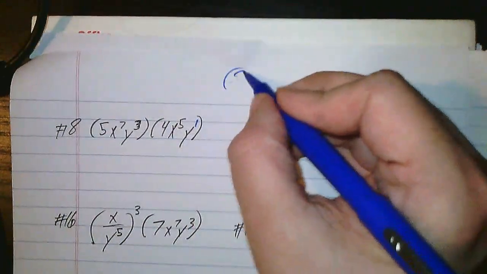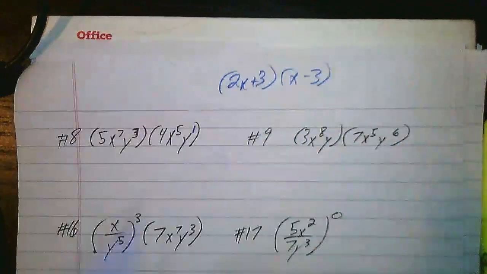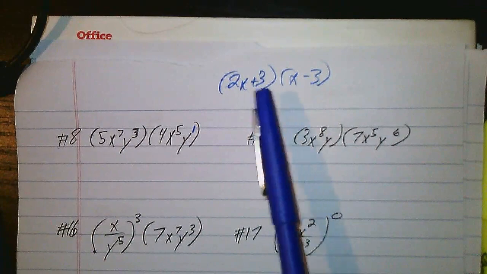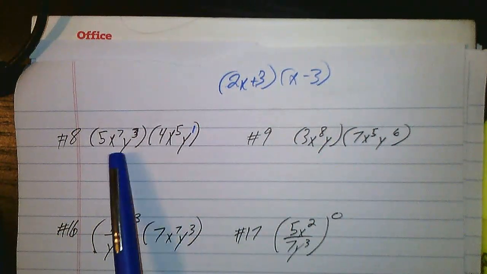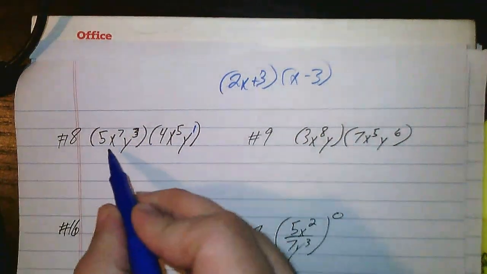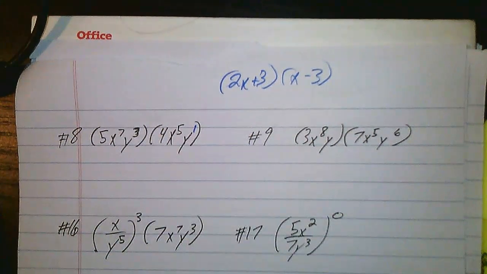You know, foiling is something like 2x plus 3 times x minus 3, where we have two binomials separated by plus or minus signs. Here, there's no plus or minus sign separating this. This is a single term times a single term.